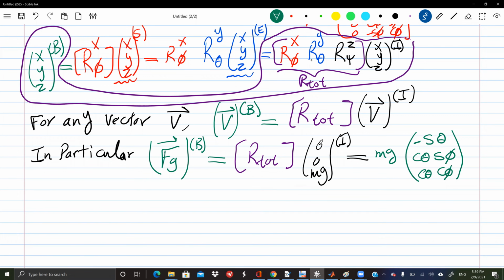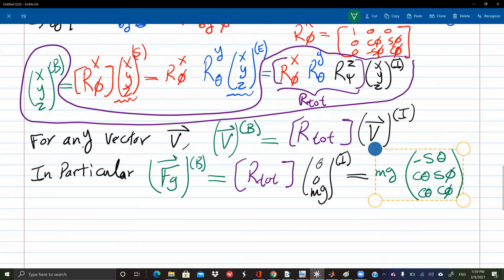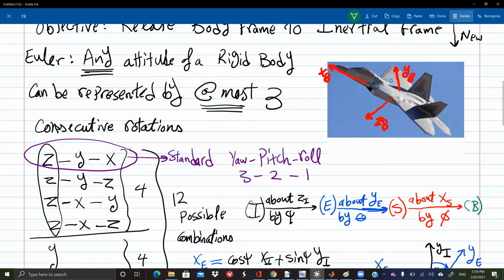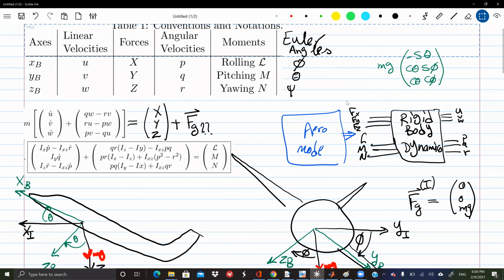These were the three things that were waiting for us. So I'm going to take them as is, copy, and go up in the equations of motion, because this term was waiting, this F of gravity. Here, okay?